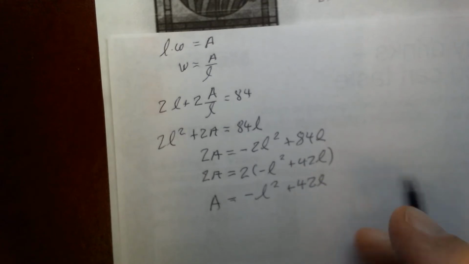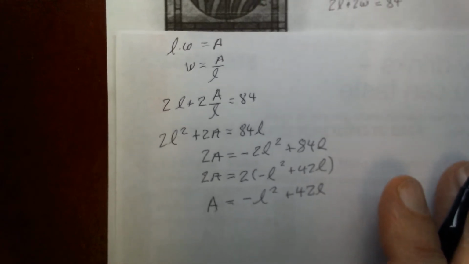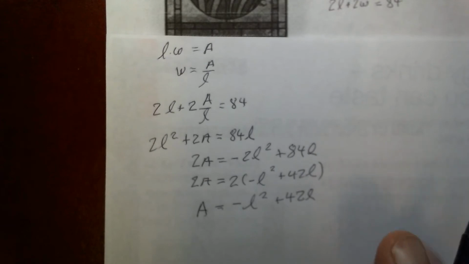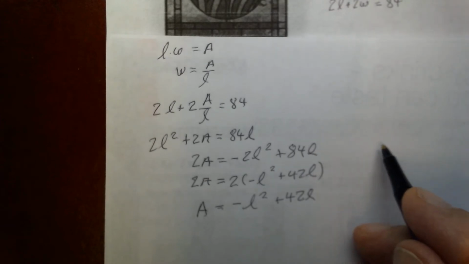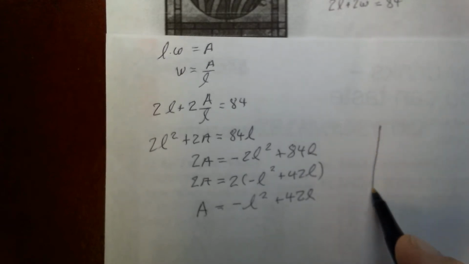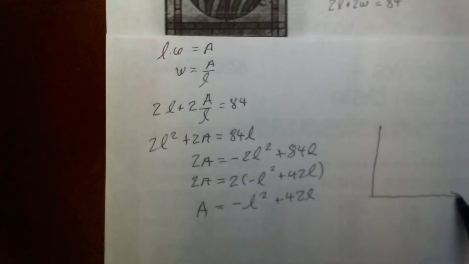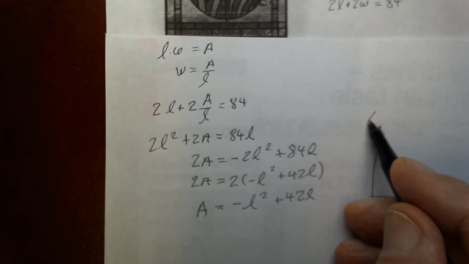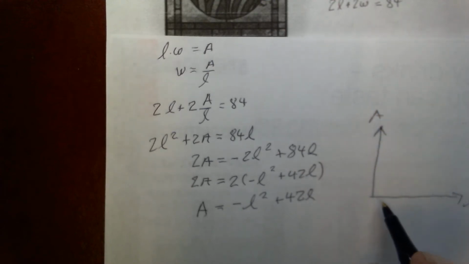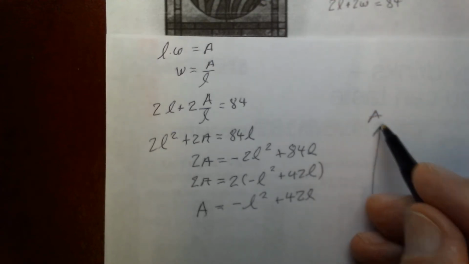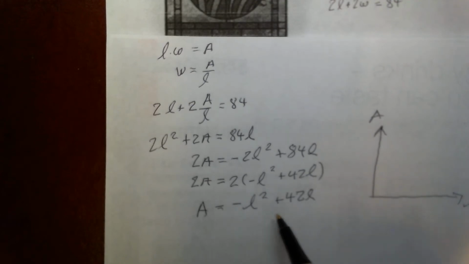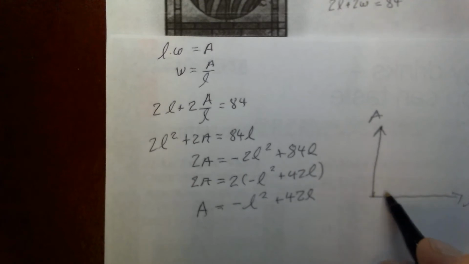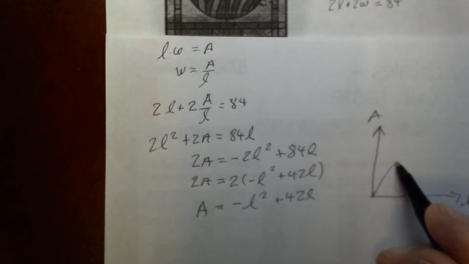So in other words, now we have the area as a function of length. Roughly speaking, it's going to look like this. We have L along the horizontal axis and the area here. It's a downward opening parabola which begins at 0, because if L is equal to 0, A is equal to 0. So it's going to look like this.